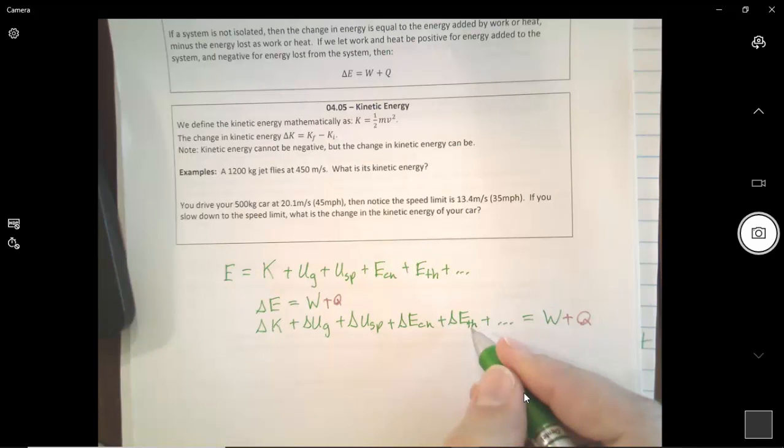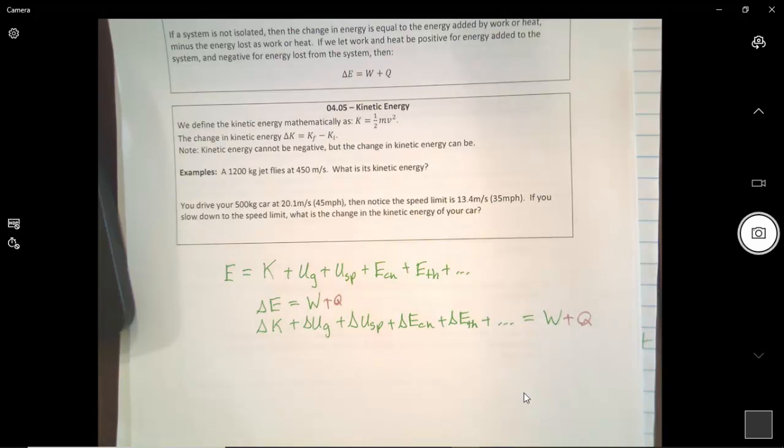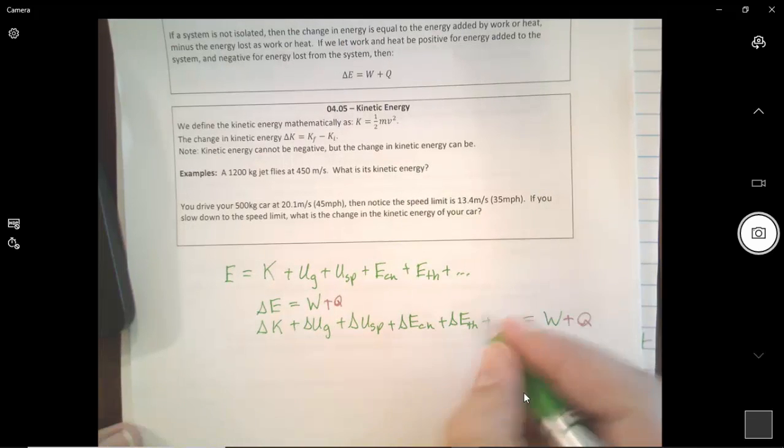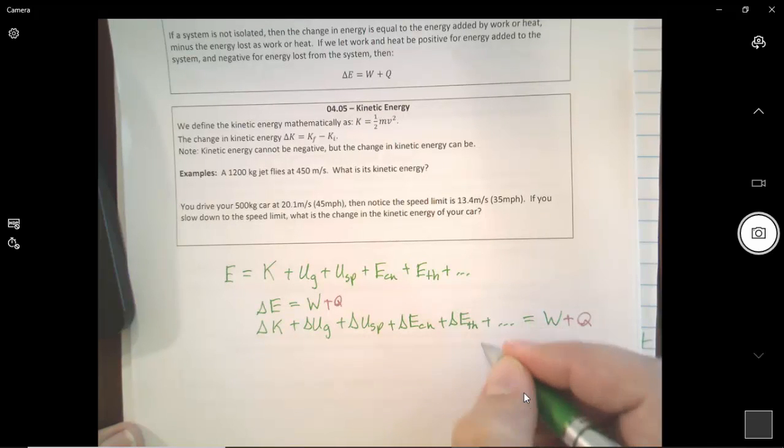The thermal energy is only going to change if the temperature of the objects is changing. There's another way also in our book in particular, thermal energy changes if there's friction in the system.